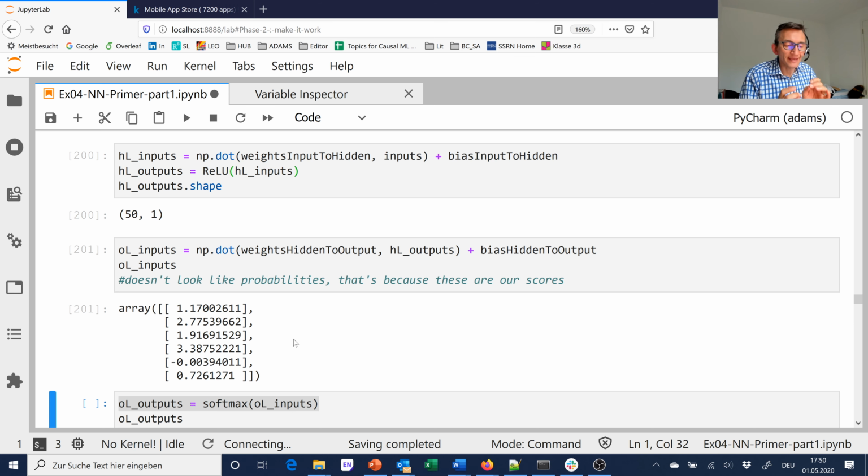You can think of them as the output layer input.